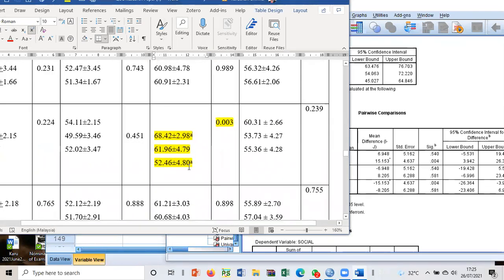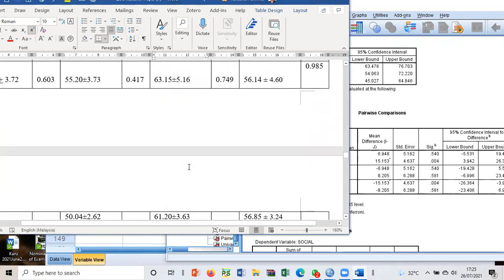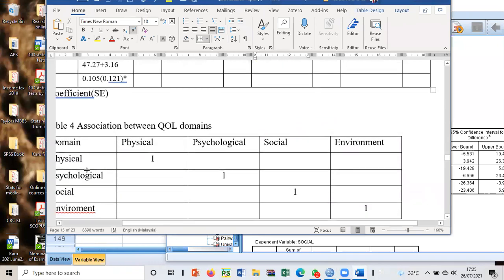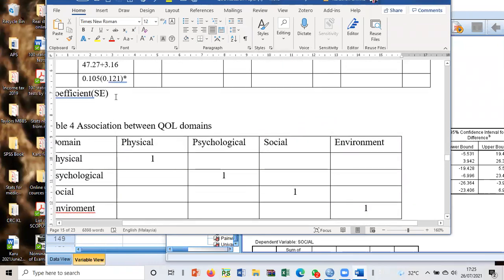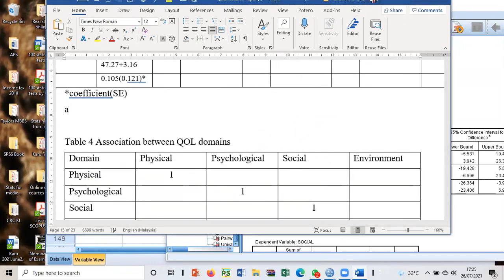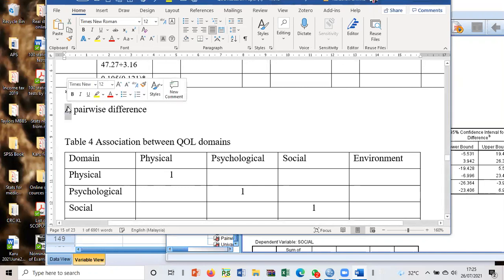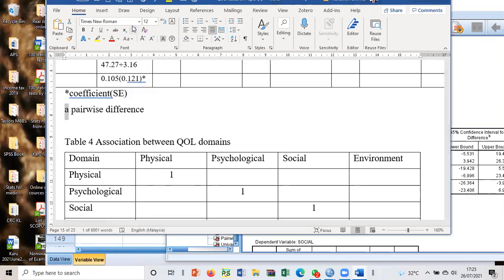Superscript A. Later, at the bottom of the table, I put a footnote for what the A means. So A, pairwise difference. Symbol A refers to pairwise difference.